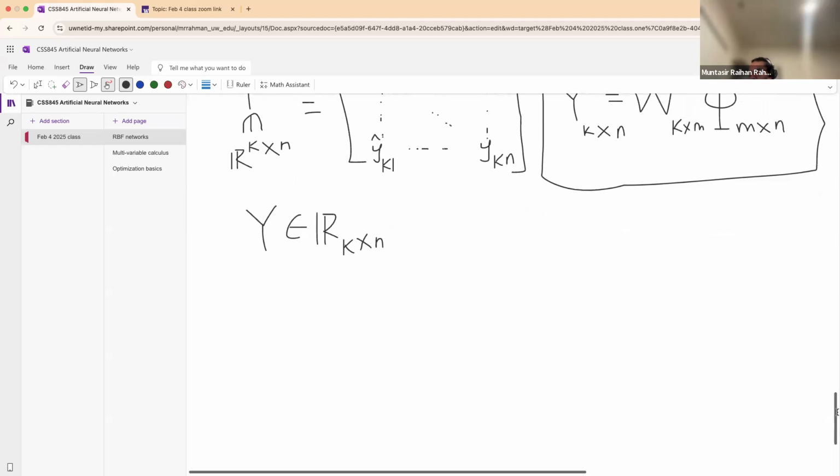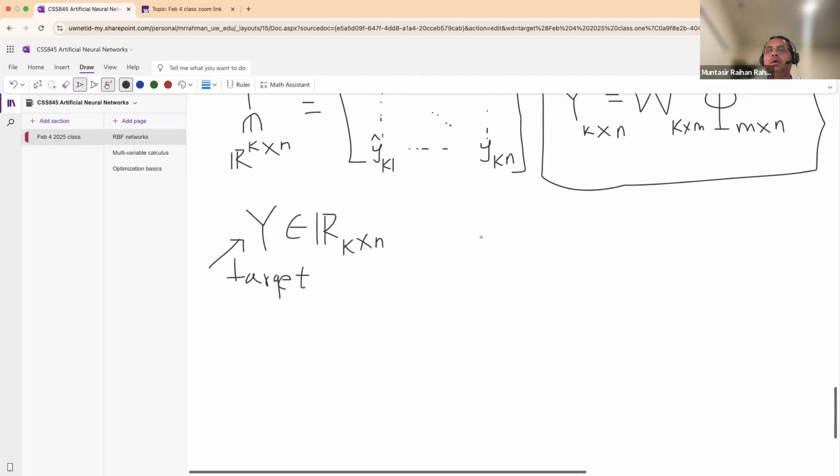So how can we do that? Now we're going to formulate this as a minimization problem. What we are trying to do is that we have our target. This is my target.